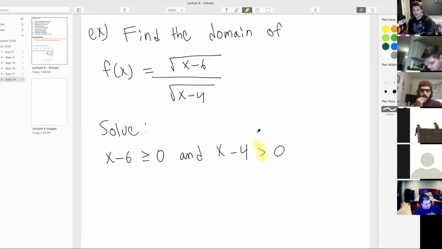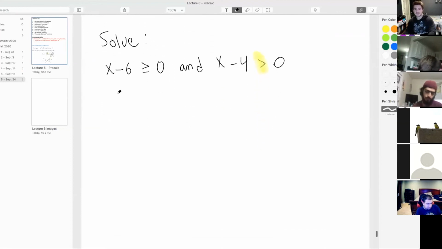Why is that? It's because we don't allow a 0 in the bottom. We don't want this to be greater than or equal to 0, we want it to just be greater than 0. So the first one is x is greater than or equal to 6, and the second one is x is strictly greater than 4.